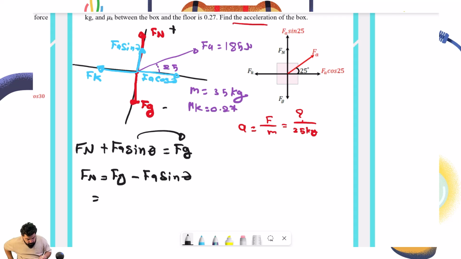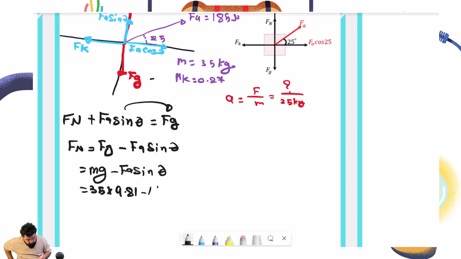Fg, we don't have it, so we're going to say mg, because we have mass, minus Fa sine theta. Mass is equal to 35 multiplied by 9.81. We have Fa, which is equal to 185 multiplied by sine of 25. Calculate all of this, you should get Fn, which is equal to 265.1, I think, something like this.